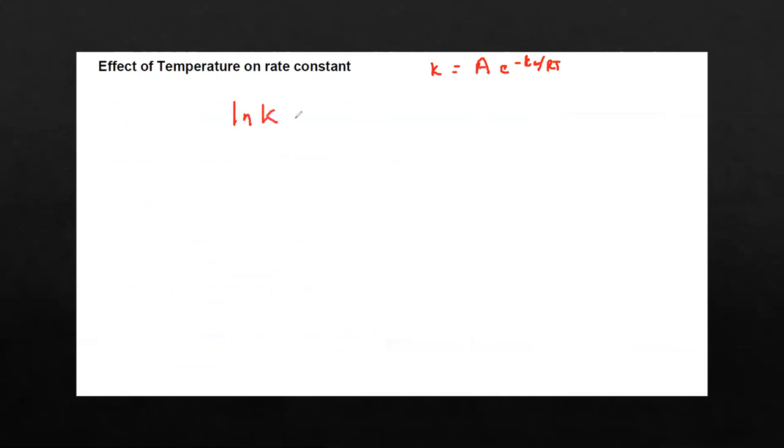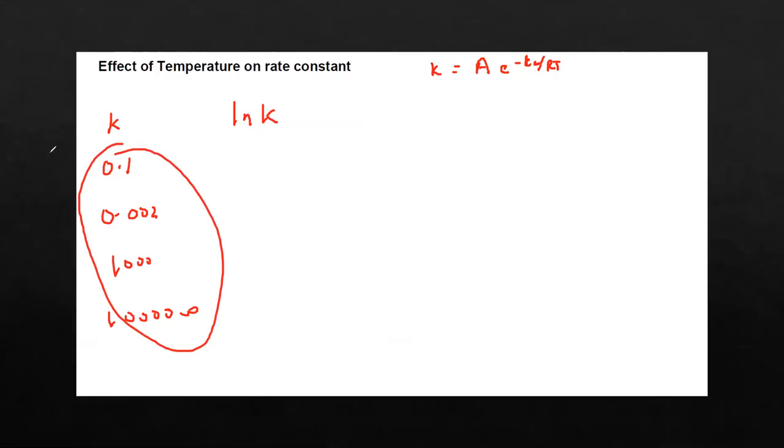What is the purpose? Why do we take the natural log? The reason for taking a logarithm is that if the values have a great variation, for example, if I plot a graph from values like 0.1, 0.002, 1000, 1 million, it's really difficult to have all these numbers on the same scale because too much variation is there.